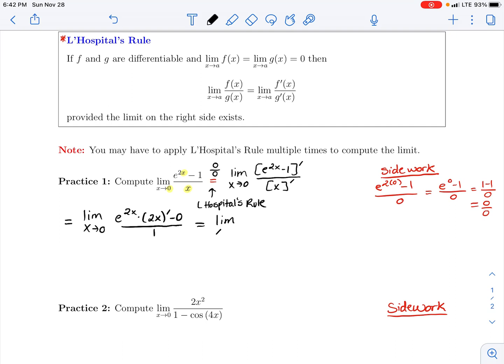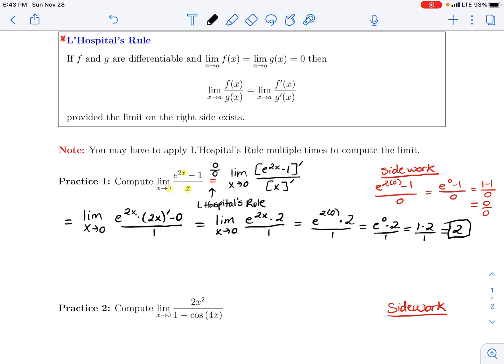And so this gives me the limit as x approaches 0 of e to the 2x times 2 over 1. And so now let's try to plug back in 0 for x, now that I've applied L'Hopital's rule. So I get e to the 2 times 0 times 2 over 1. And so this gives me e to the 0 times 2 over 1, which is 1 times 2 over 1, which is 2. Okay, so this limit is 2.